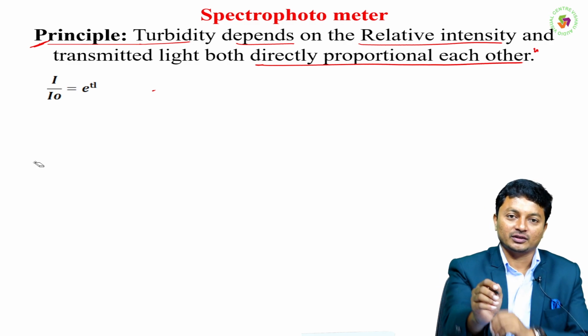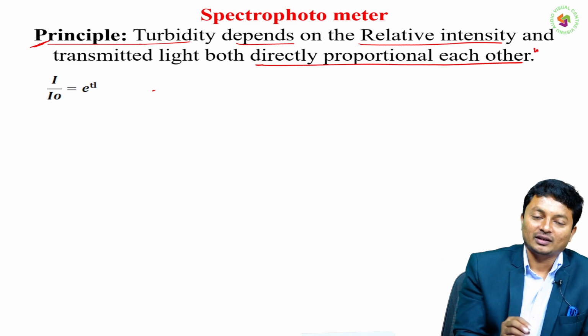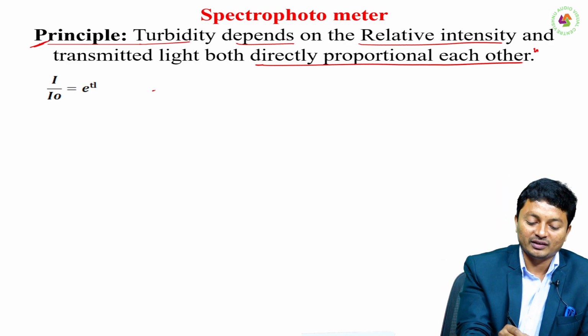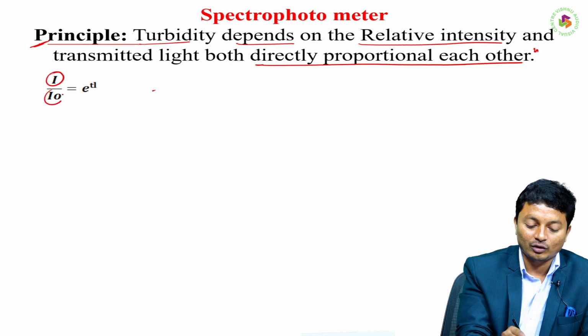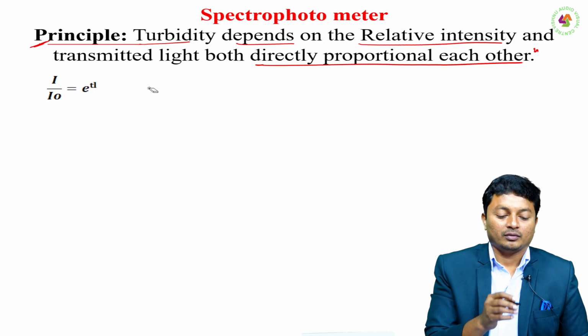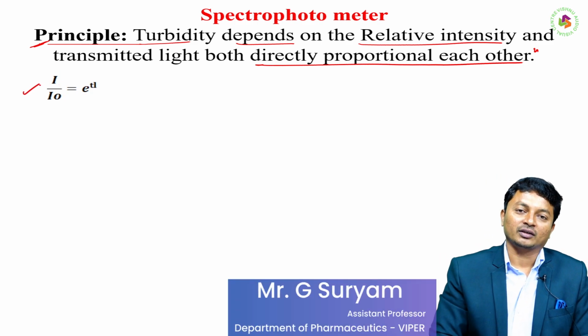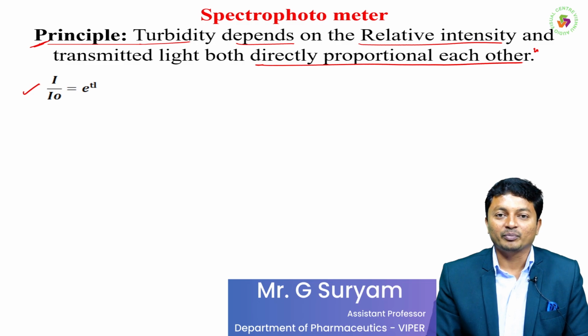Here we have a small formula to measure turbidity using a spectrophotometer, that is I divided by I naught is equal to e power minus T into L. By using this formula we can calculate the turbidity percentage.